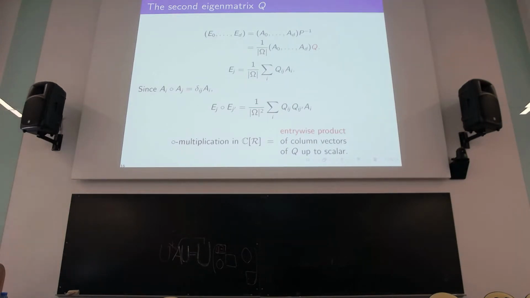So there are two multiplications in the adjacency algebra, but because of the matrices P and Q, they can be understood very easily as the entry-wise product of vectors. So there is nothing very special about the abstract structure of these algebras, because they are just realized by the entry-wise product of vectors, so they are abstractly isomorphic to copies of the complex numbers.